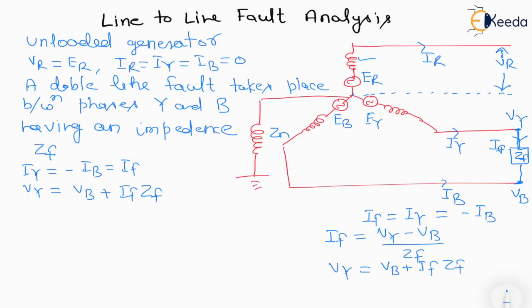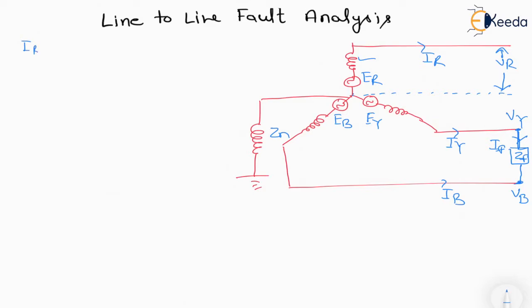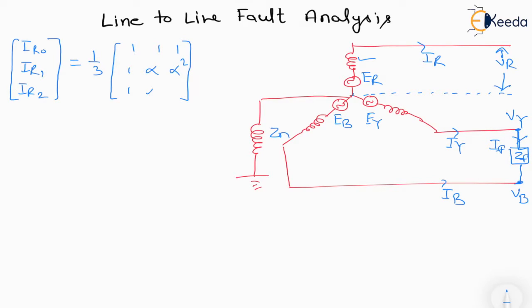Now we are going to find out the sequence currents. So writing the matrix IR0, IR1, IR2, this will be equal to 1 by 3 times the matrix with rows 1 1 1, 1 alpha alpha square, and 1 alpha square alpha, multiplied by IR, IY, IB. We can see that after the fault IR is equal to 0, and IB we can replace with minus IY, as we have seen in the diagram.